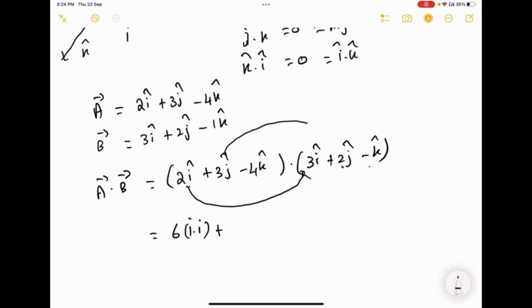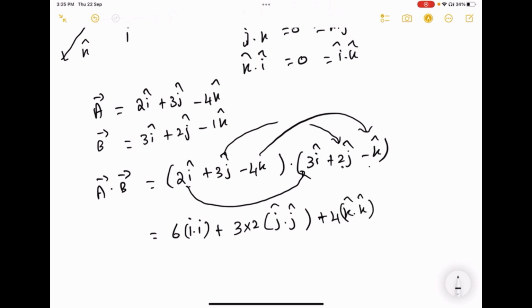So then only I dot I, j dot j and k dot k will survive. 3 into 2, j dot j will become 1, plus minus 4 into minus 1, plus 4, k dot k will become 1.